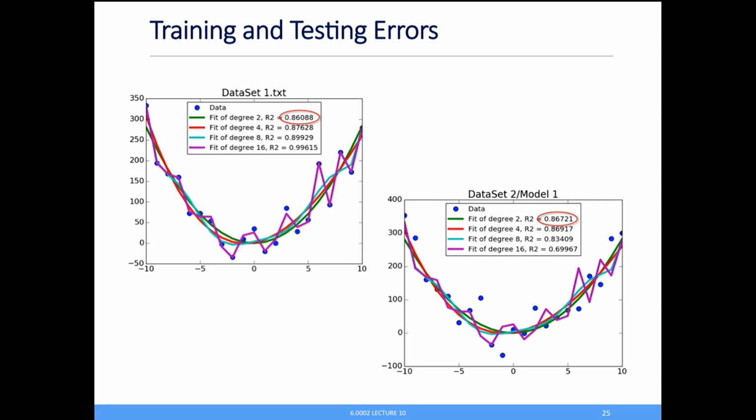It's doing the same kind of job on the training data and on the test data. On the other hand, degree 16, coefficient of determination is a wonderful 0.996 here, and a pretty awful 0.699 down there. And that's a sign that we're in not good shape, when in fact our coefficient of determination drops significantly when we try and handle new data.